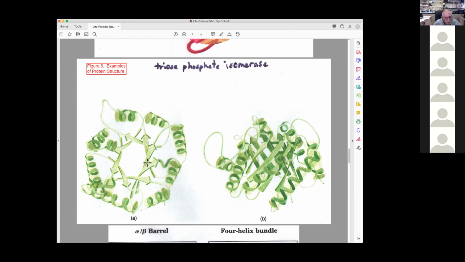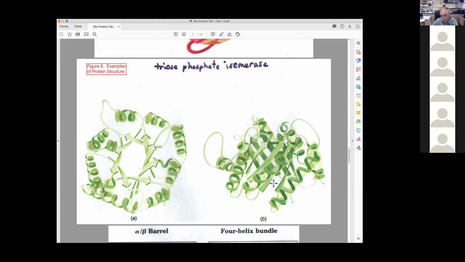So what do you have in the transition between beta structure and alpha structure? Random coil, because that's all there is. So you can see that this center of this donut looking thing is probably right where the triose phosphate gets bound.